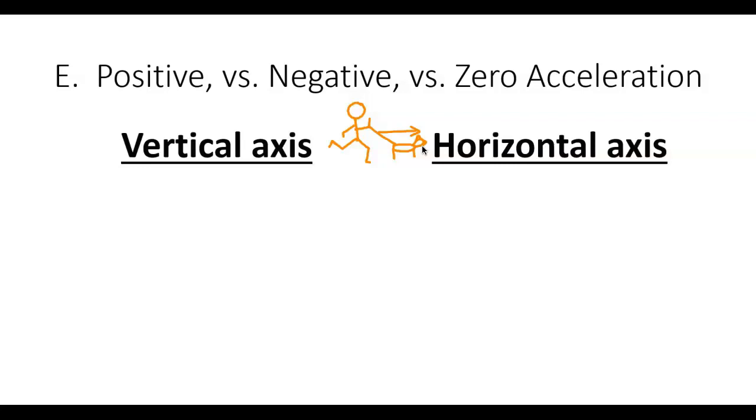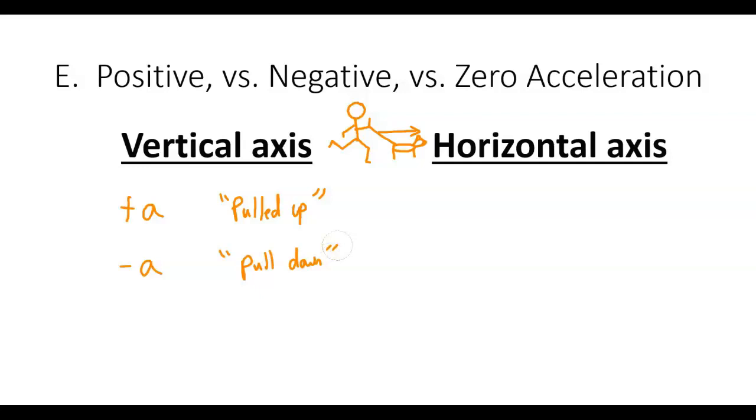Okay? So if you have a positive acceleration on a vertical axis, I want you guys to think of that as the object being pulled upwards. And if you have a negative acceleration, that's pulling your object downwards.